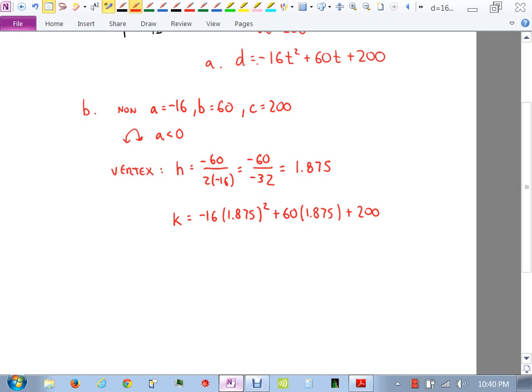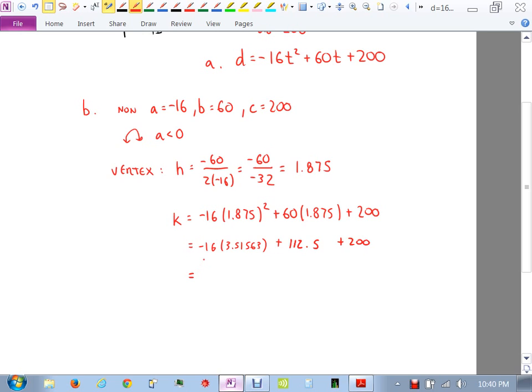I square 1.875 on my calculator first, and I get 3.51563. Then 60 times 1.875 is 112.5, plus 200.